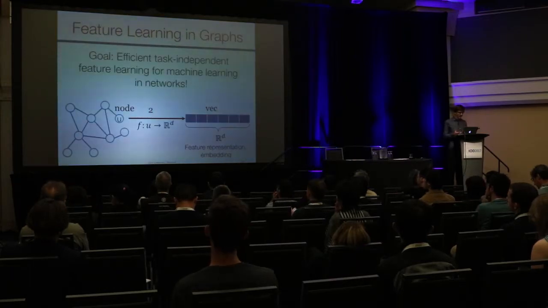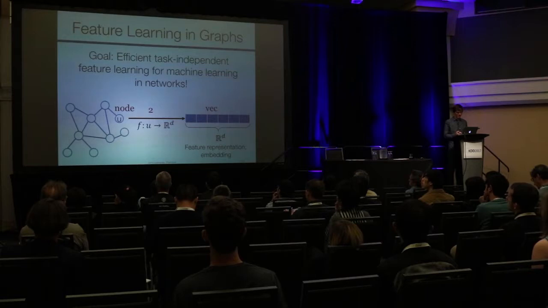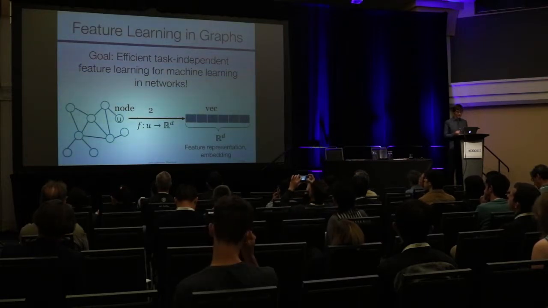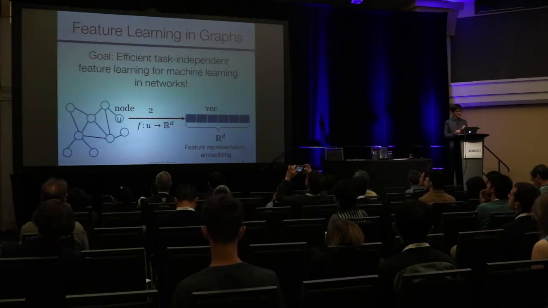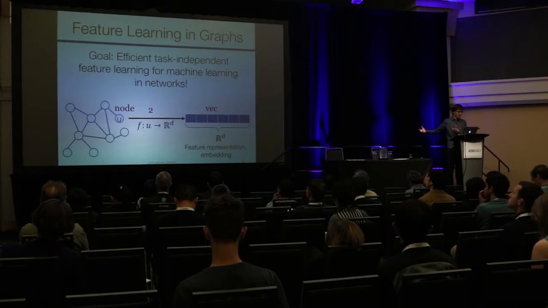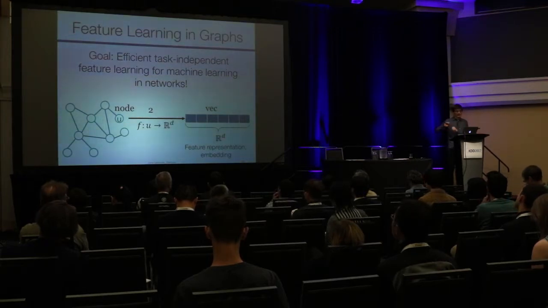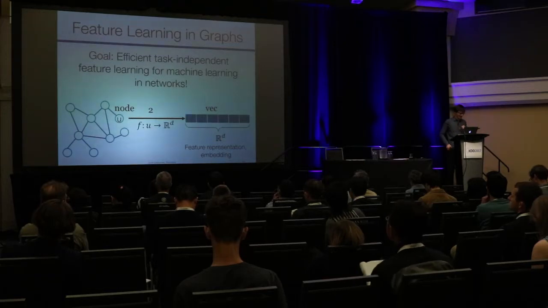The idea is the following: I want to learn representations of nodes in a network. I want efficient, task-independent feature learning in networks, so that I can apply my favorite machine learning tool to the nodes of the network and do some prediction.